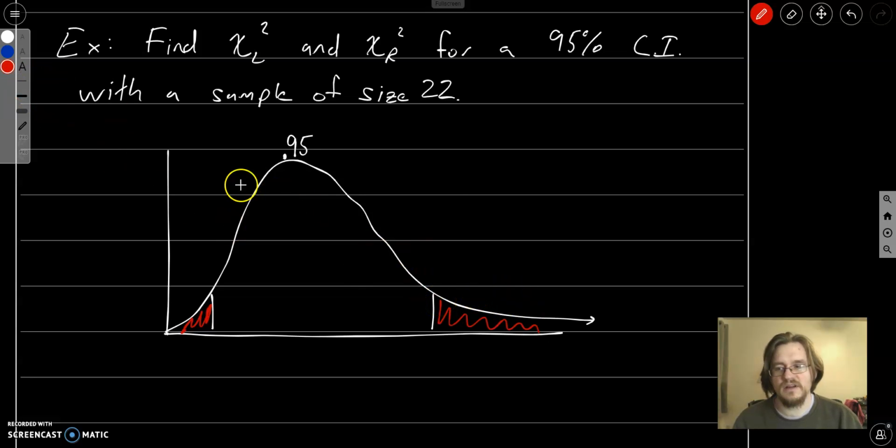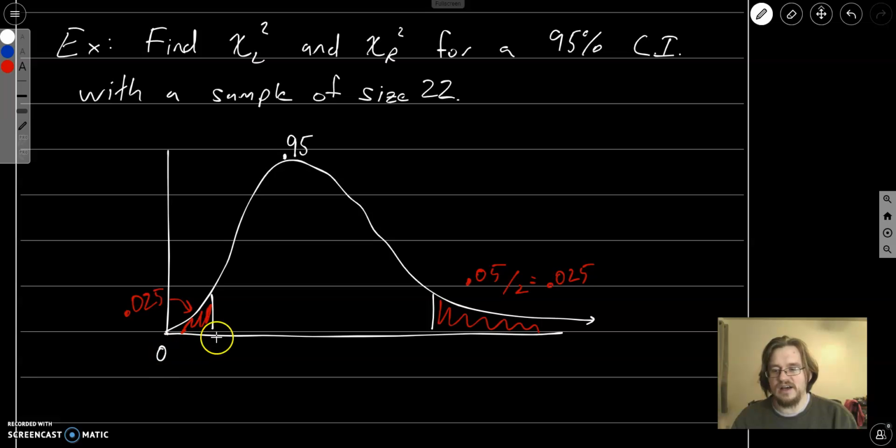So over here, we should have half of that remaining 5%, which is going to be 0.025. And over here, we should have the other half, so again, 0.025 here as well. This number here is going to be chi L squared, as in the left critical value for chi-squared.